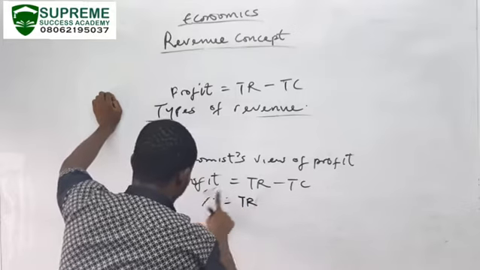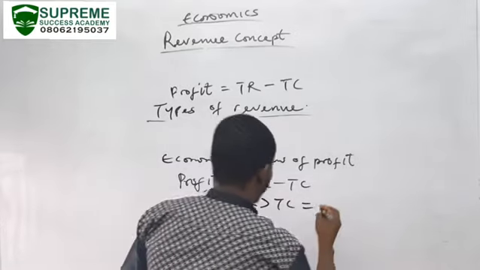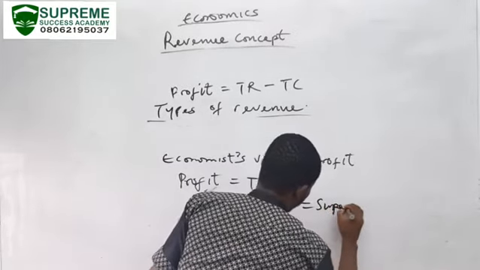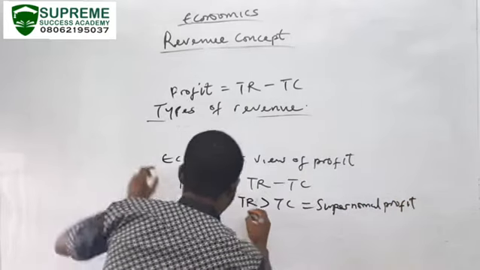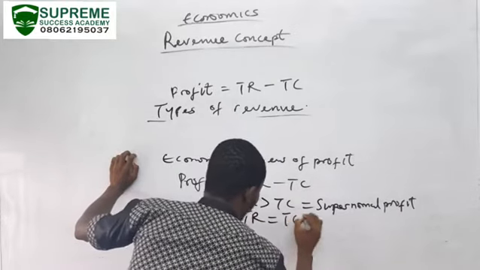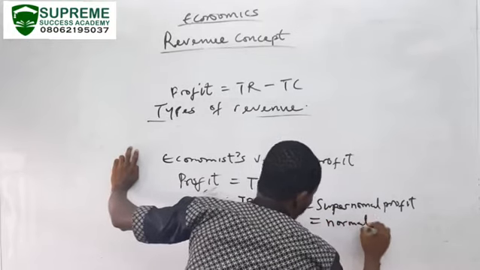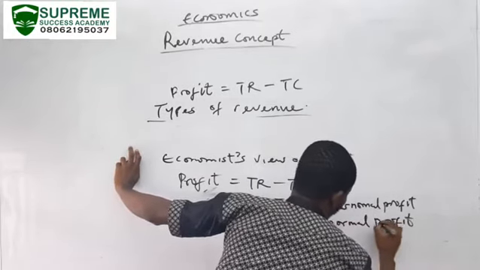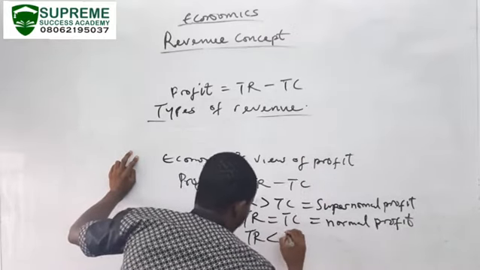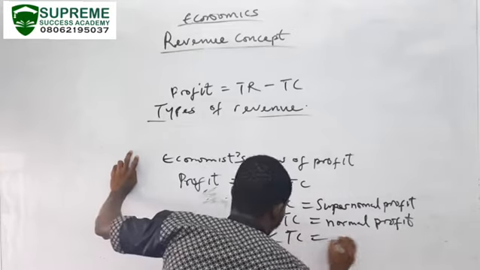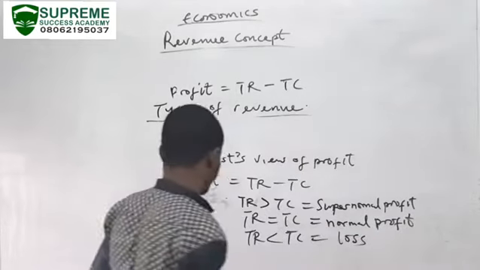When the total revenue is greater than total cost, we conclude that there is supernormal profit. When the total revenue is equal to total cost, that is equal to 0, we conclude that there is normal profit. And the last one, when the total revenue is less than the total cost, we conclude that there is economic loss.